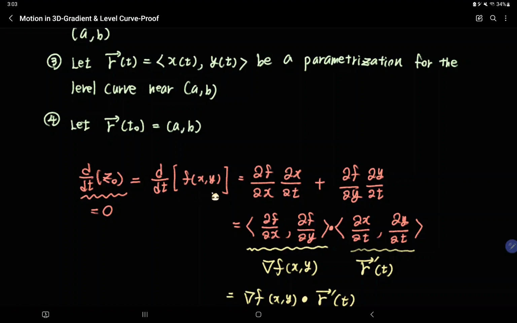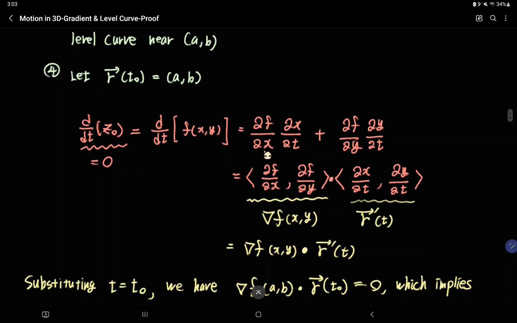Since this is not a derivative with respect to x or y, but a third variable, the parameter t, we have to use the chain rule. We take the derivative of the outer function f with respect to the middle functions x and y: partial f partial x times dx/dt, plus partial f partial y times dy/dt.